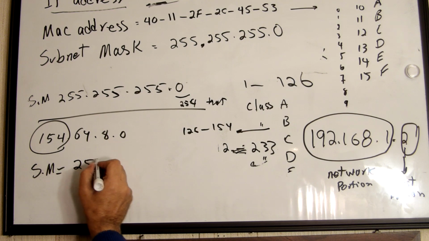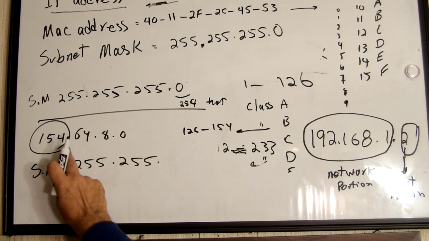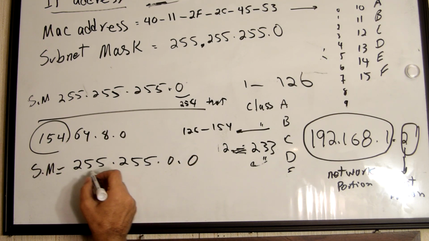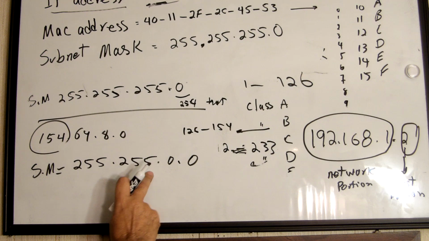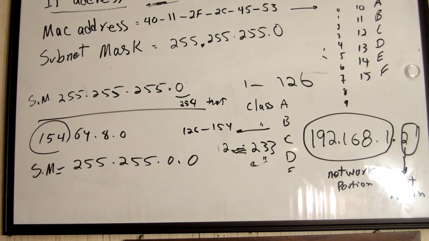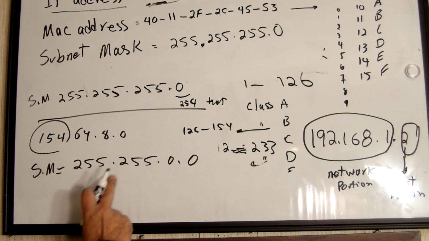It's 255.255.0.0. There are two 255s for the network, and the other two are the host part, things that we will talk about later.